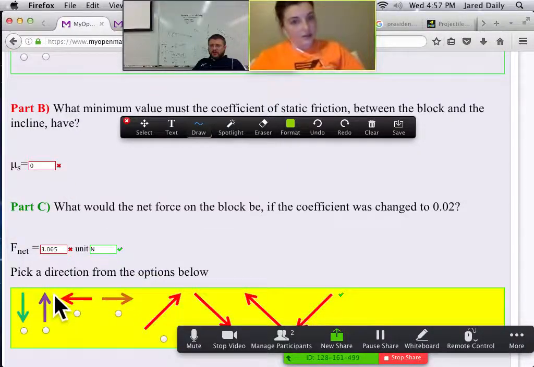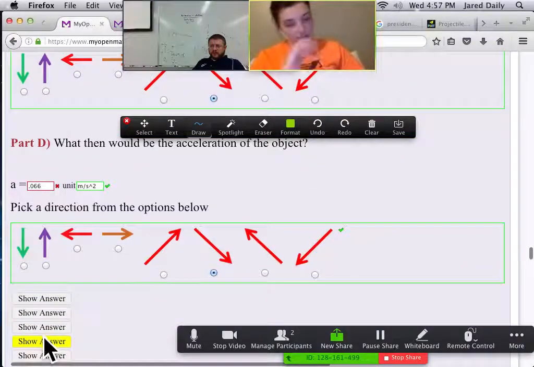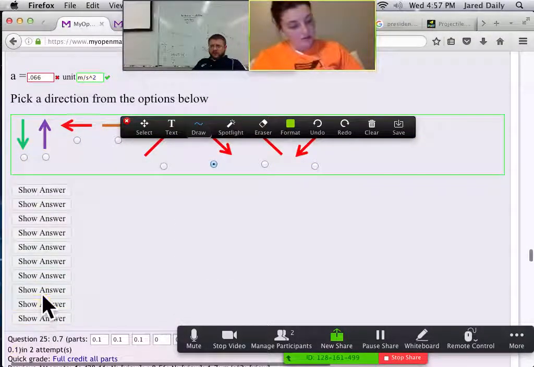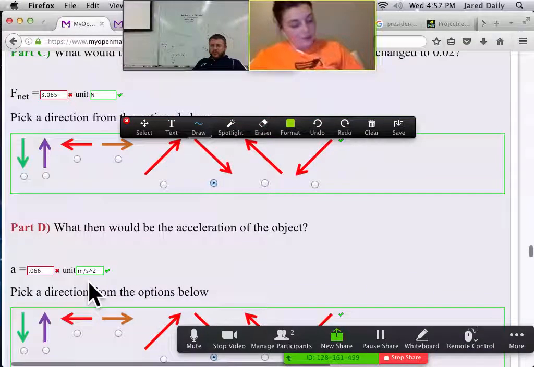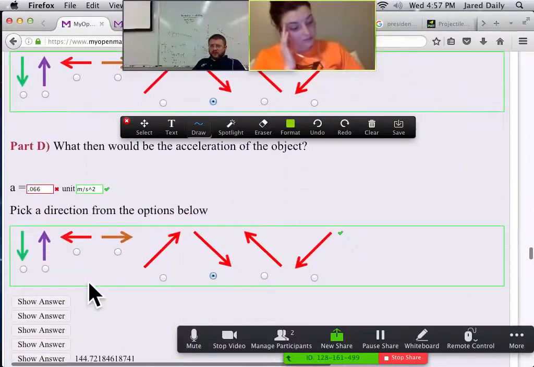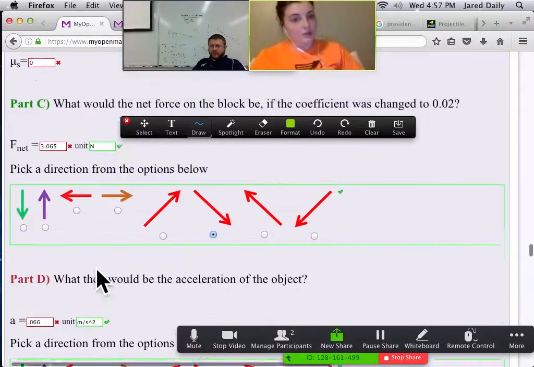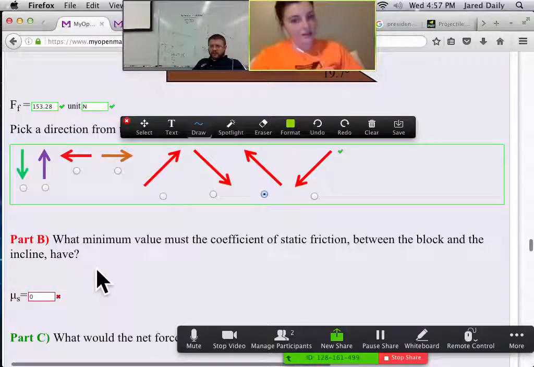When you're trying to find the minimum value before it'll move, do I use the force of friction that I already calculated?